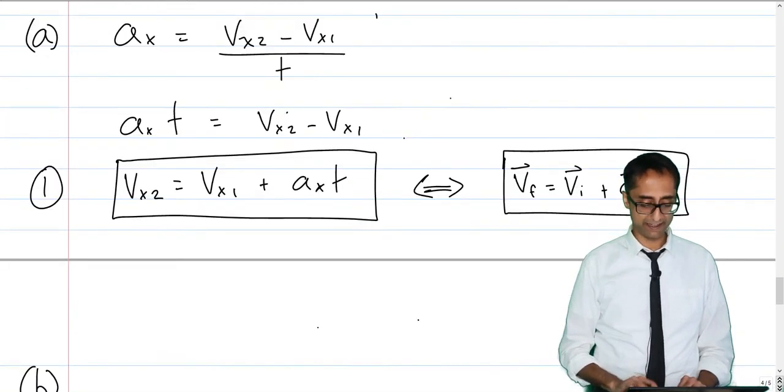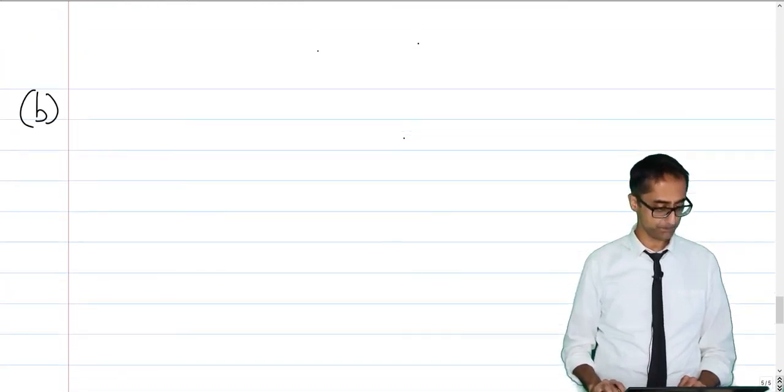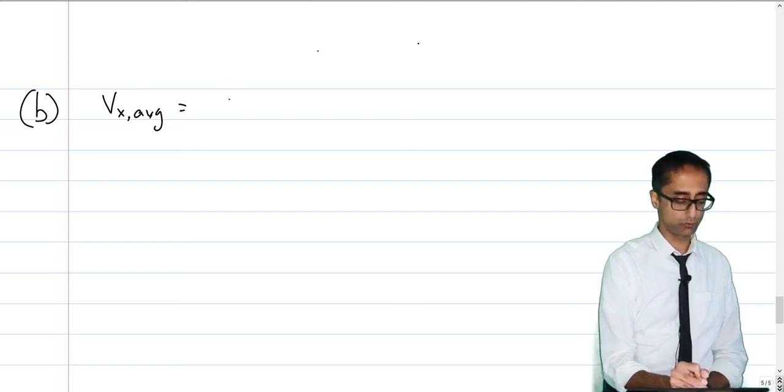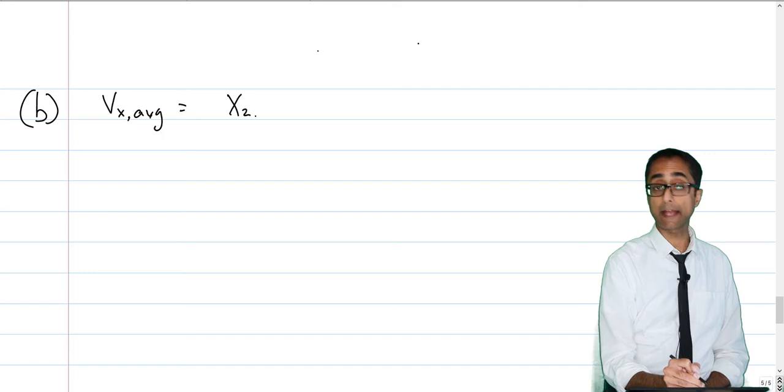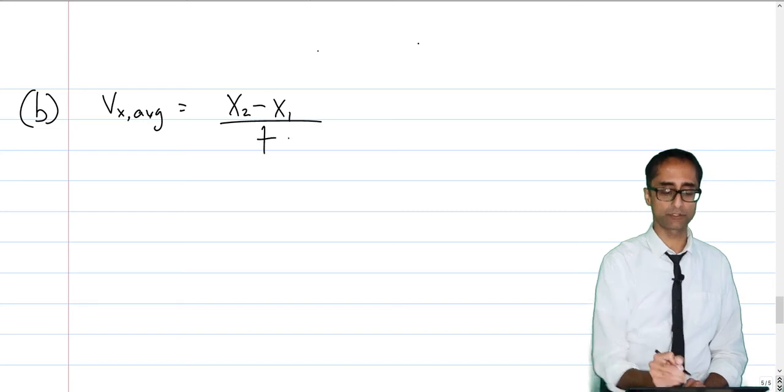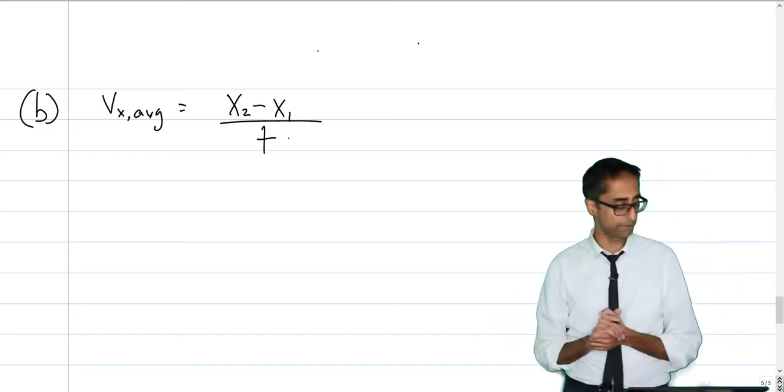We can rewrite that here as the average velocity in the x direction is equal to our change in position. In the x direction, that's just x2 minus x1. And we're dividing that by our time interval, so either delta t or just t is fine.